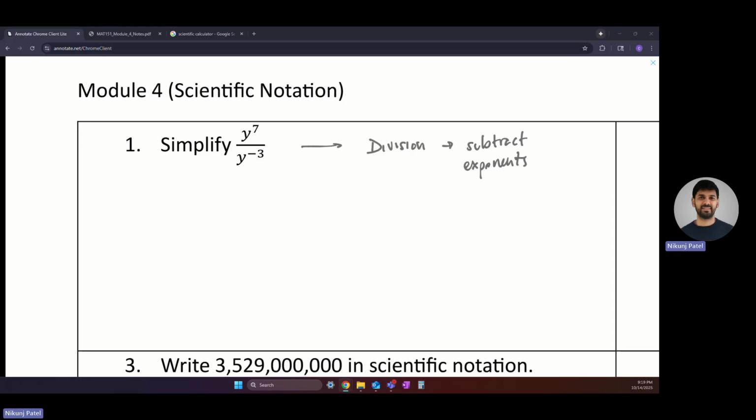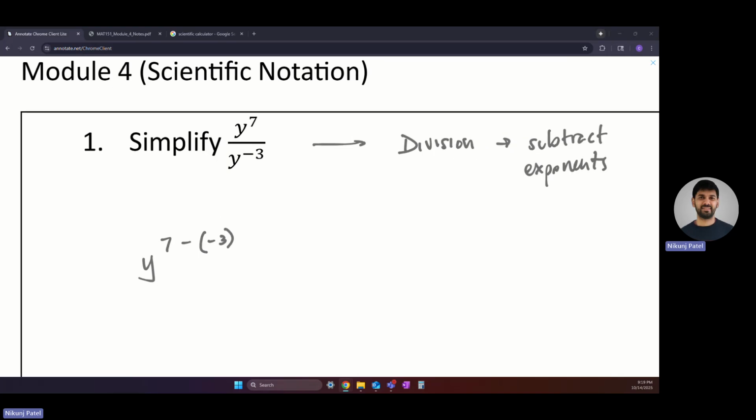To rewrite this, we would write y to the power of 7 minus -3. Since this exponent already had a negative with it, we still include that extra negative. So it's 7 minus and then -3. You subtract the 2 exponents, and then simplify from there.